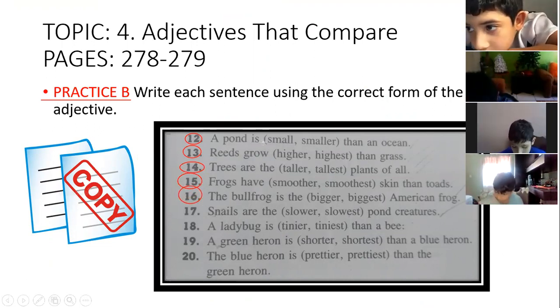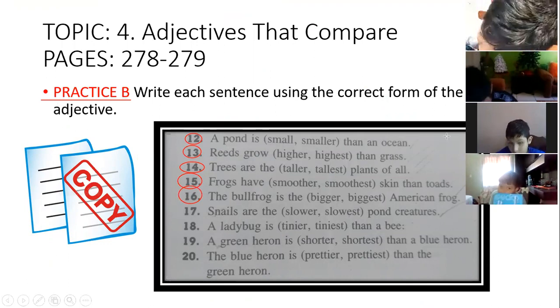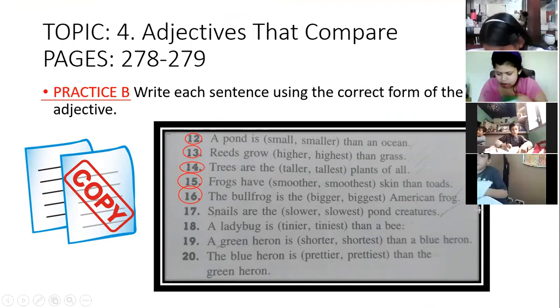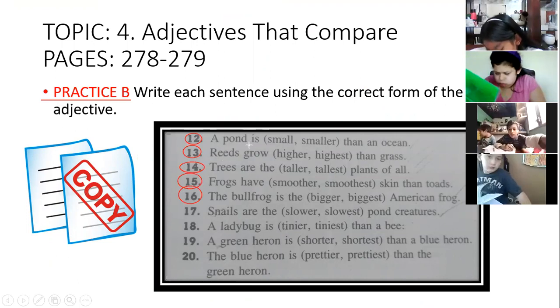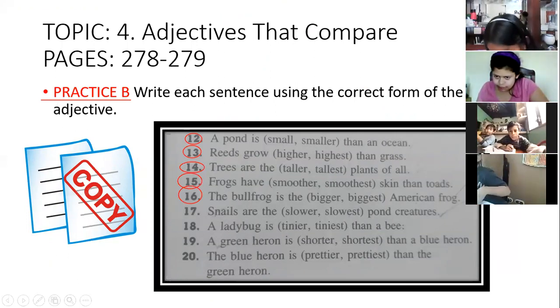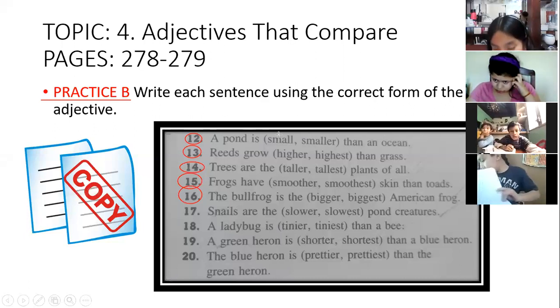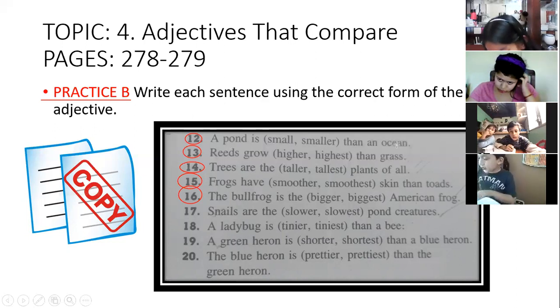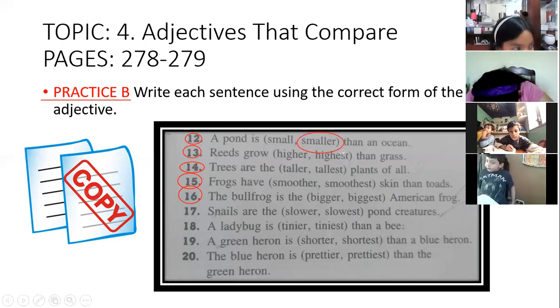Exercise 13 says, a pond is small or smaller than an ocean. This is for Victor. Smaller. Yes, this is the answer.